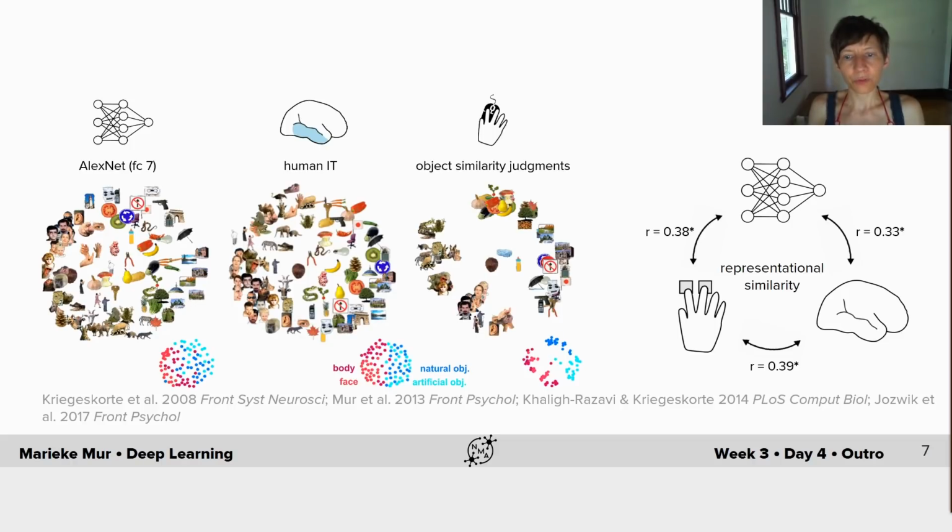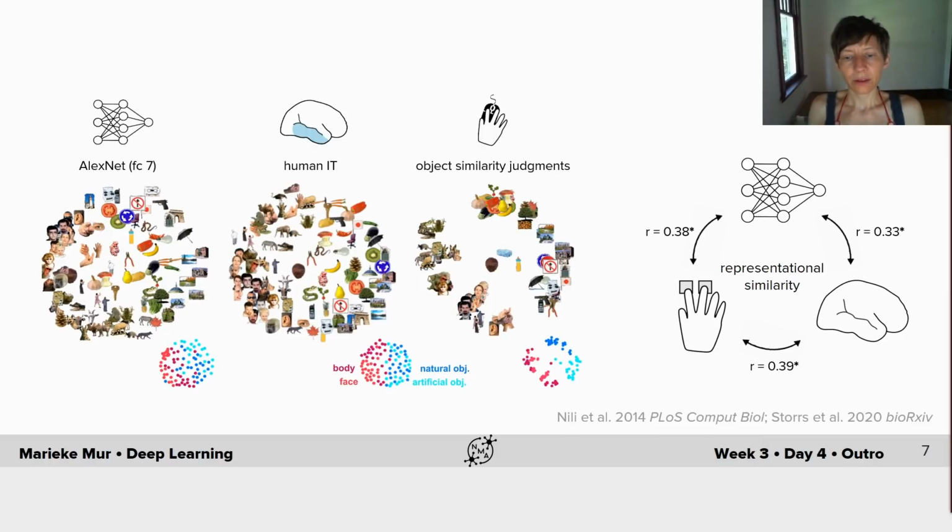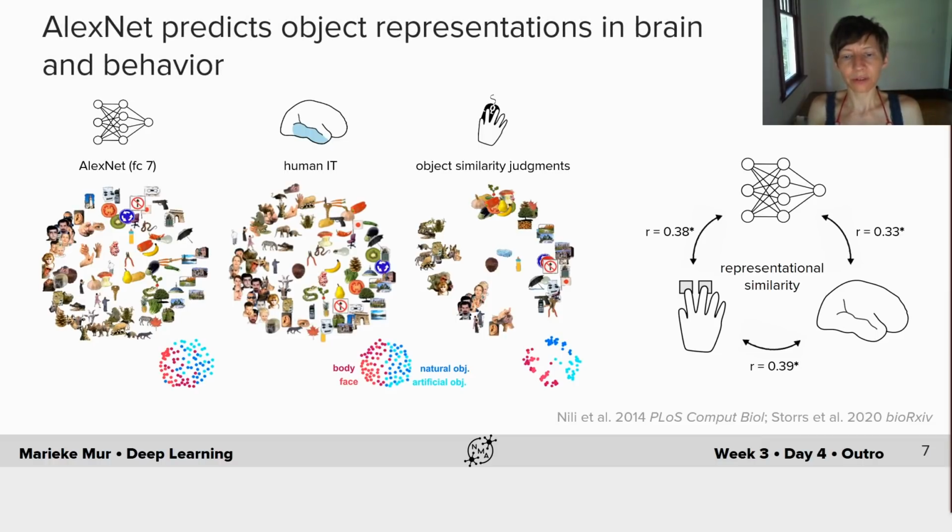The correlation coefficients may seem low at first sight, but keep in mind that they are affected by the noise in the data, and that this should be taken into account when assessing the explanatory power of the model. If you'd like to read more about this, I suggest checking out these papers. These results show that AlexNet can predict object representations in brain and behavior. This is very exciting because earlier computational models of visual processing were unable to reach this level of performance.